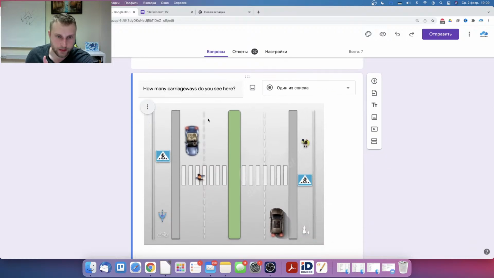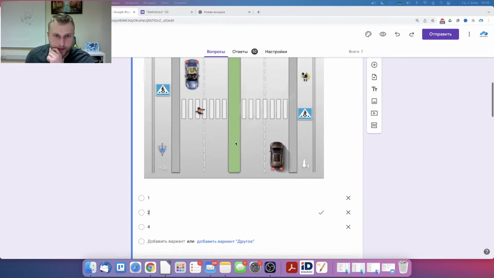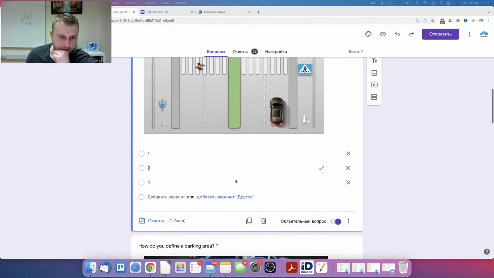If we delete this one and add one more here, it will be 1, 2, 3 carriageways. So yeah, obviously it's answer 2. Or you can try to describe in the chat what exactly you don't understand about the carriageway, or the carriageway crossings. It's also 2 different things.